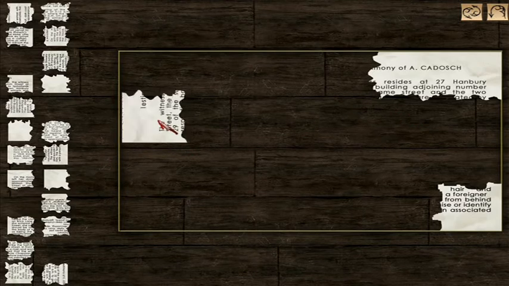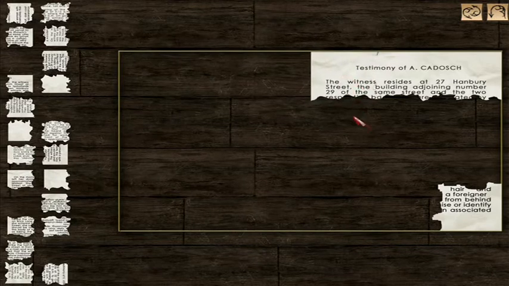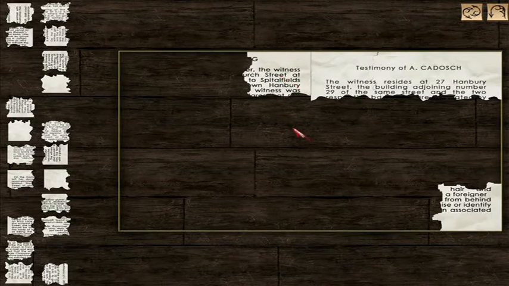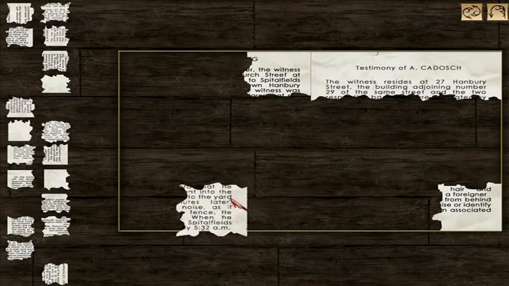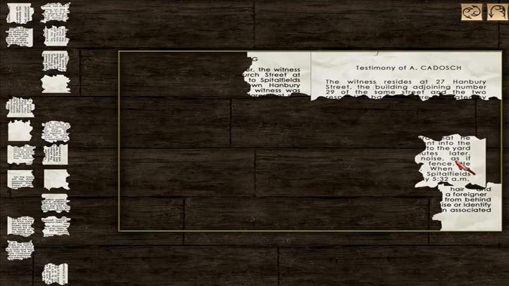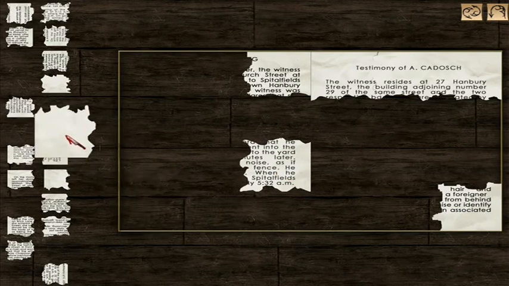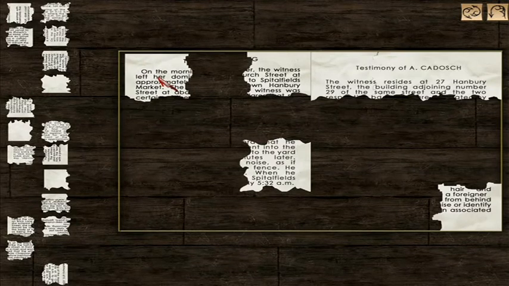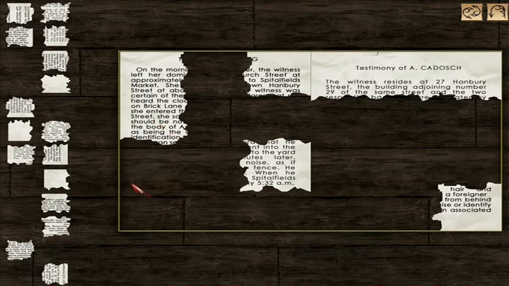Let's take this one as well. Okay, there are 2 pieces of paper. Now, isn't that nice? Let's do this. Oh no, that didn't fit. Oh no, that didn't fit either. We need to have that one over there then. These ones we shouldn't use at all. That one. On the morning. Yeah, I like a good jigsaw.